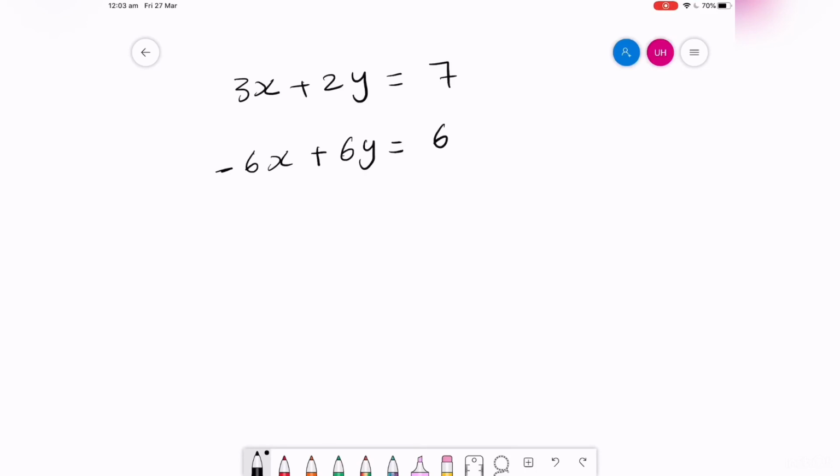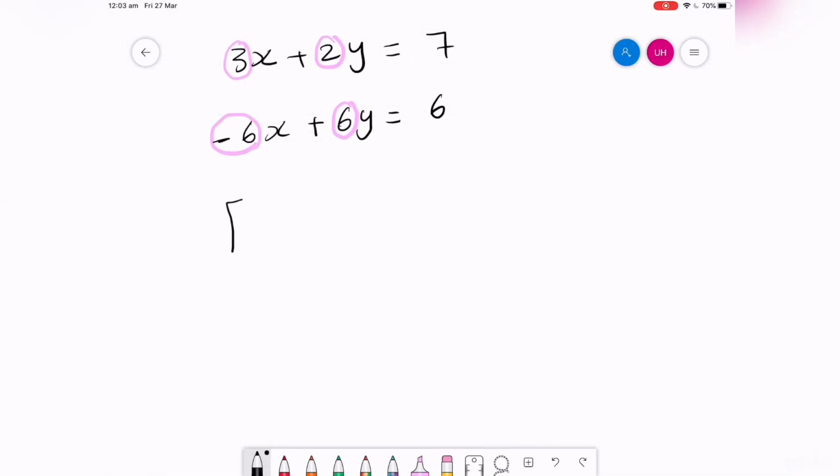The coefficients here, we have the 3 and 2 and minus 6 and 6. So this is going to be the matrix A: 3, 2, minus 6 and 6. Then multiplied by the matrix X, which has the variables X and Y. And this equals the column vector, or the product matrix, 7 and 6. All right?